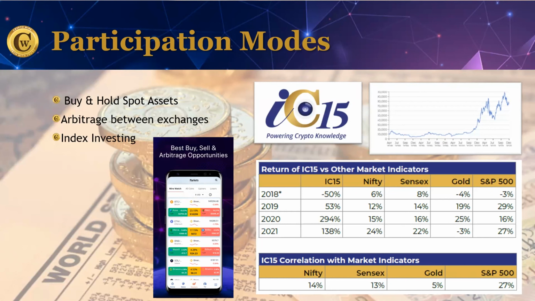Arbitrage is a very good way of participating, because you are not having a naked position at any point of time. You always have one buy and one sell position, which is basically saying that we are using the opportunity that market imperfections create.